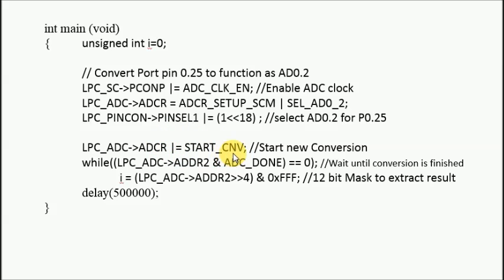Now start the conversion using LPC_ADC ADCR. After starting the conversion, wait until the conversion is done. If conversion is done, then read the data which is present in the ADR2, because we are using AD0.2, that is channel number 2 here, and we have to mask the 12 bits only to extract the result and store that result into the variable I. So this variable I contains the result value, that is the ADC value read from that particular port.